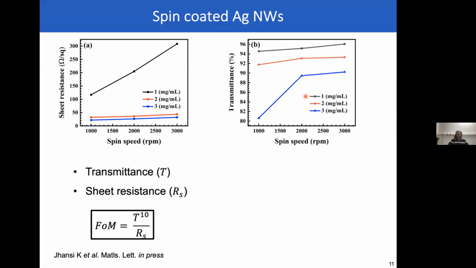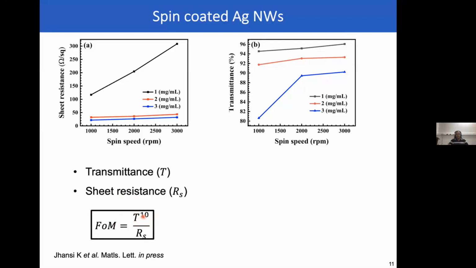So typically what people do is they combine the sheet resistance and the transmittance into a single parameter, which they call the figure of merit. We follow what is called the Haacke figure of merit, which is transmittance to the power 10 divided by the sheet resistance. But there are other groups that use slightly different parameters, and each has its advantages or disadvantages.